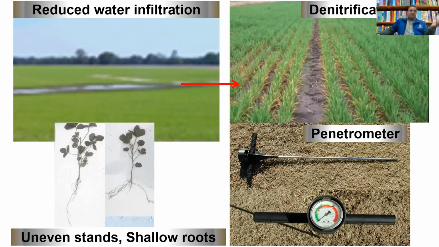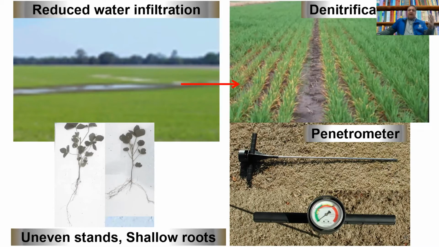And we will have uneven stand, with some areas of your field growing faster. Shallow roots: if you compare the roots, some of the plants or crops have shallower roots.